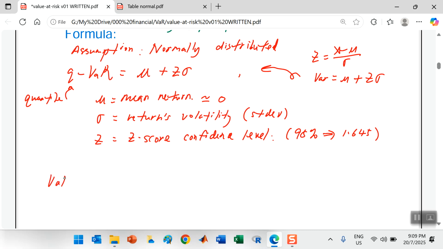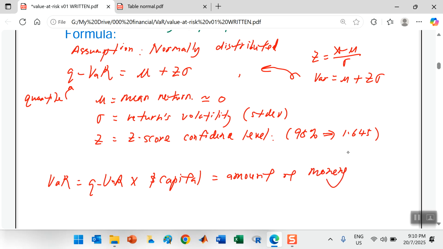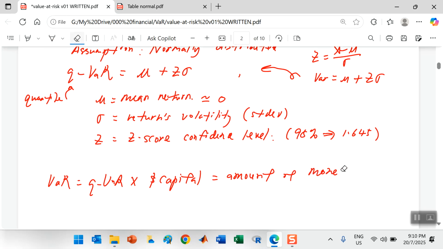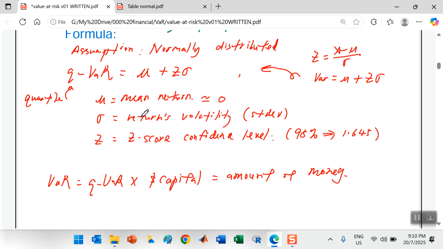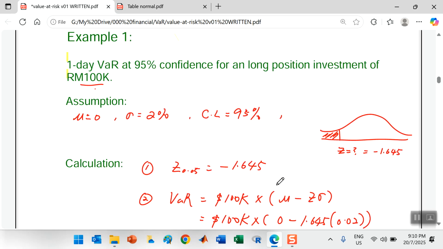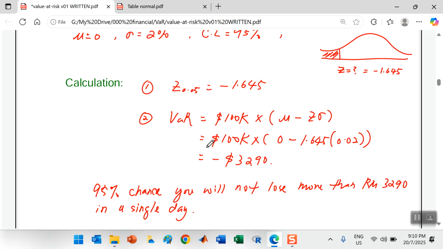So the VAR is the quantile times the capital, because VAR is the amount of money, the money you're going to lose, the risk. If 10,000, then VAR is 10,000. This is a simple example.